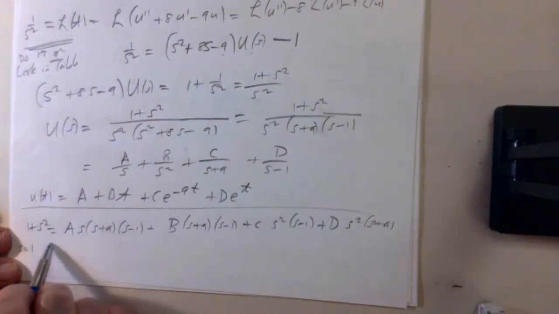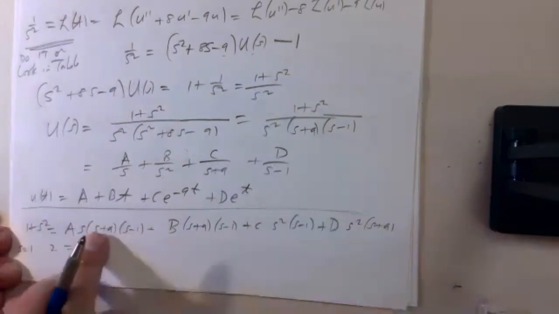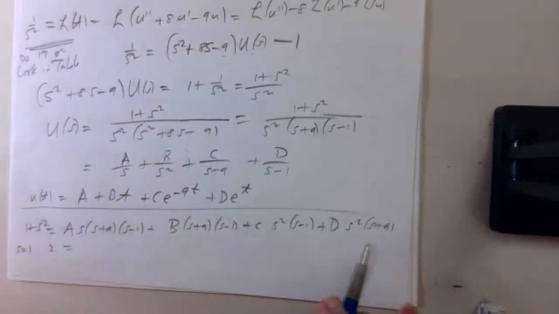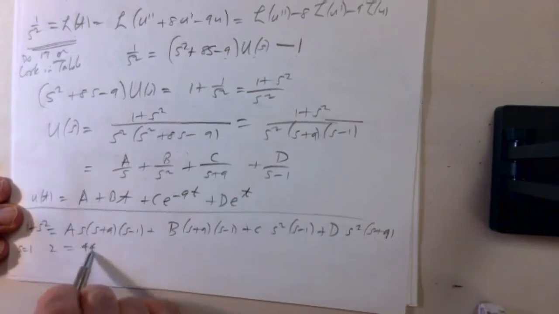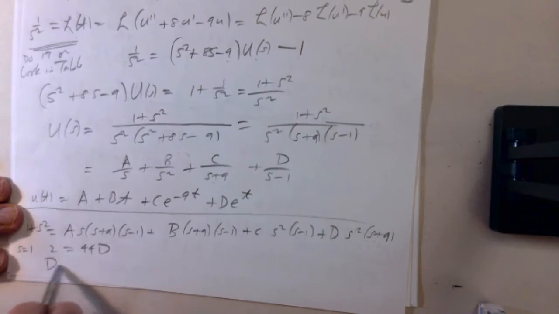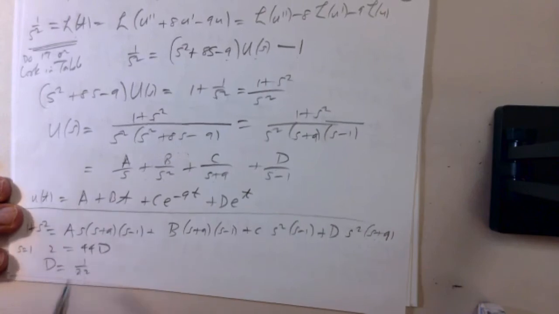By letting s equal 1, I get 2 equals 0, 0, 0. When s is 2, this is 4 times 11 equals 44d. So d is 1 over 22.